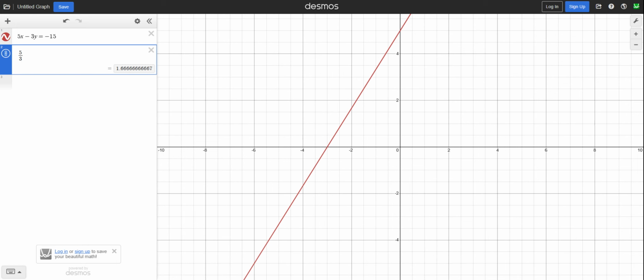I could leave it as 5/3, or I could put 1.6 repeated forever, which I don't like, and your program won't like that either. It will like 5/3 though. Okay? So negative 3, 0 and 0, 5 are the two nice points that I would use to graph this equation. And your slope is 5/3.